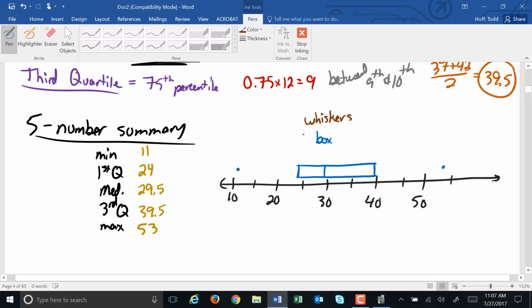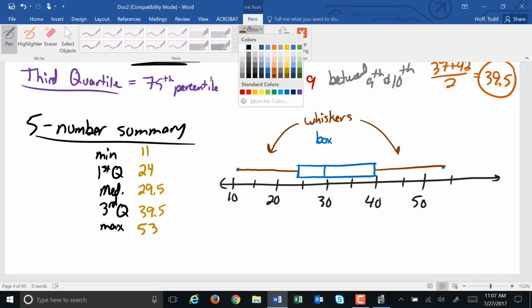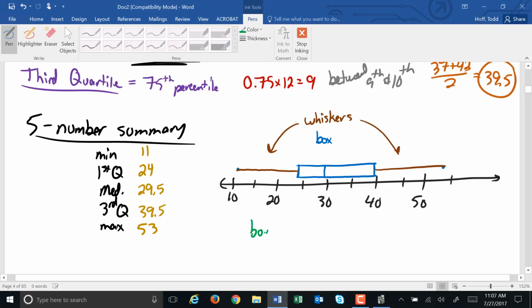Then there's whiskers that come out from that box to the minimum and the maximum. That's called a box and whisker plot. Depending on the textbook, some textbooks just call it a box plot.